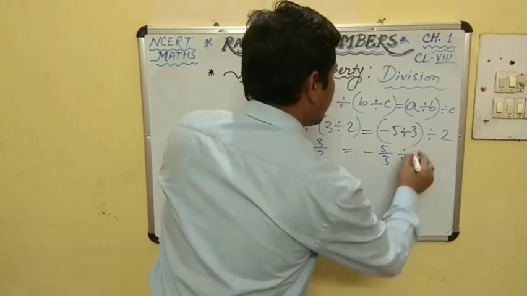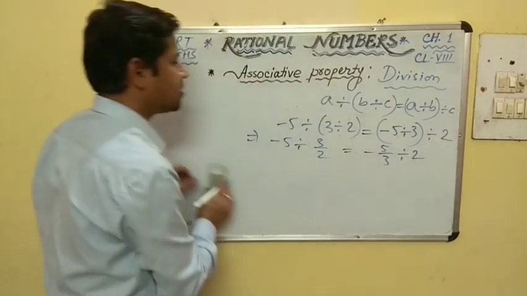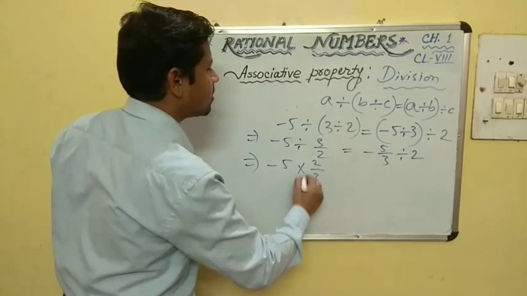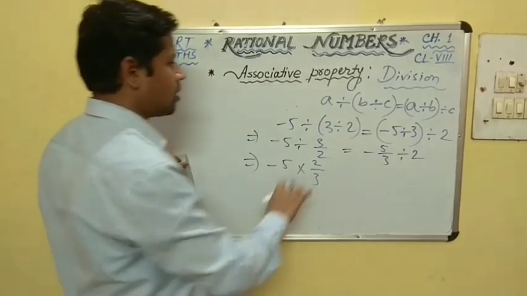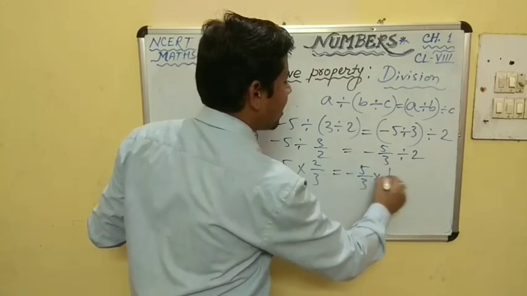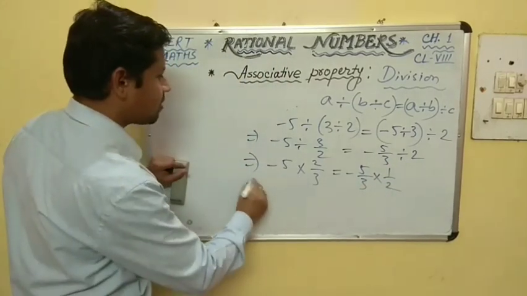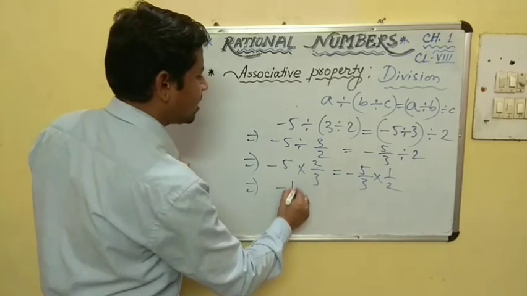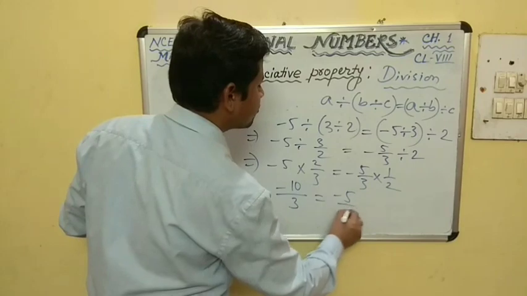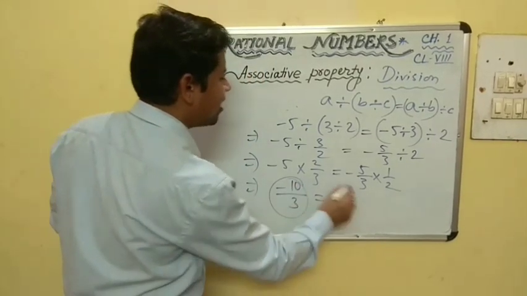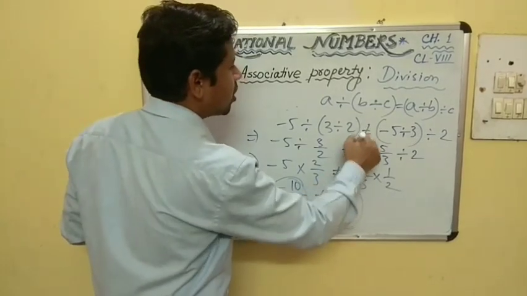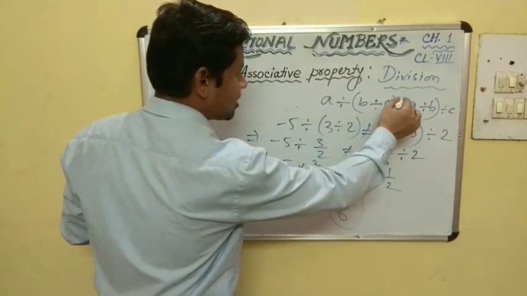So what can I do? 5 into 2 by 3, the division is changed by the reciprocal, multiplying by half. In this case, minus 5 twos are minus 10 divided by 3 is equal to minus 5 upon 6. Here both the cases are not equal, so we can't give an equal sign. Here it will be not equal.